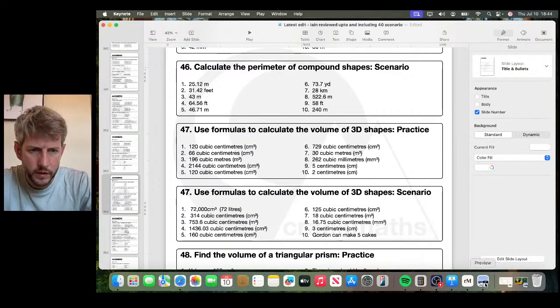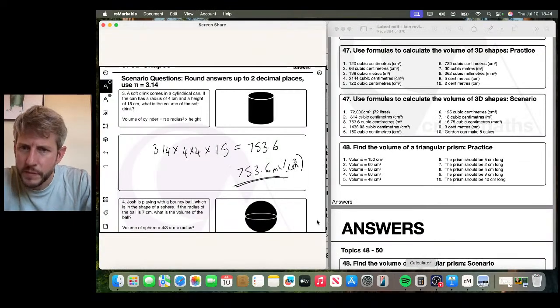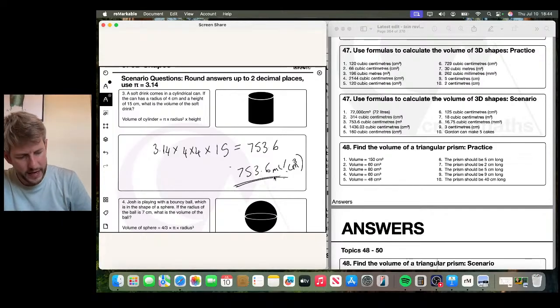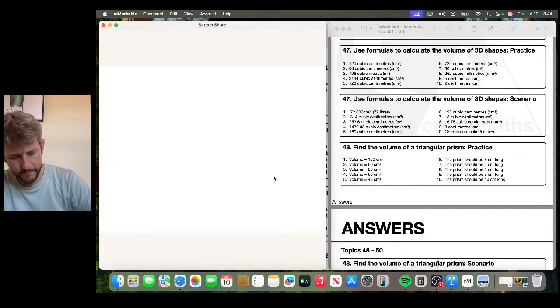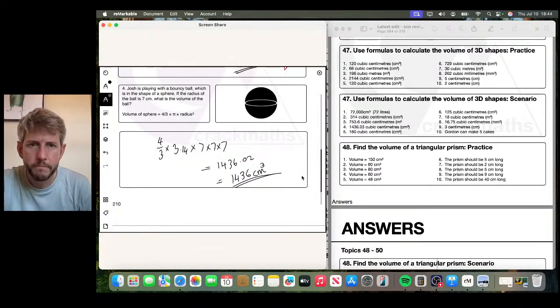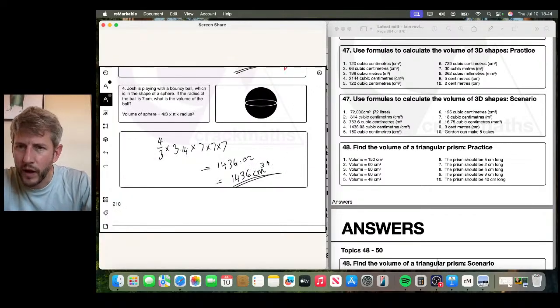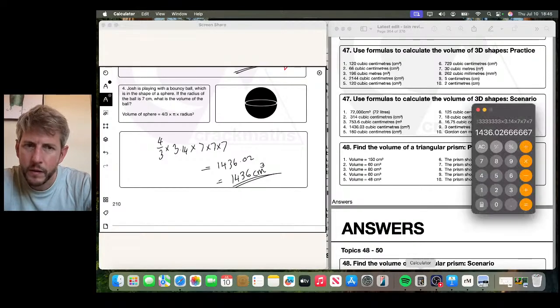Okay, and then let's get this back up. Fine, so that is now correct. So I didn't necessarily round that one correctly. Oh, here we go, that's convenient.